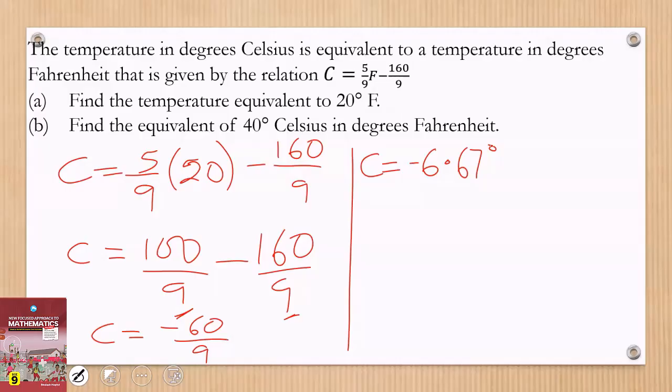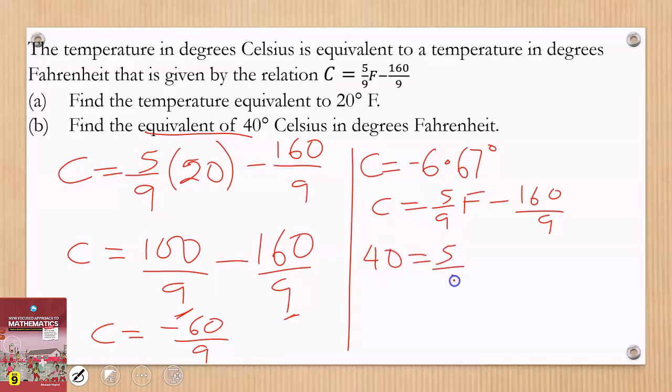Now, the question again wants us to find the equivalent of 40 degrees Celsius in degrees Fahrenheit. Knowing our relation to be 5/9 F minus 160/9, this time around the degree Celsius has been given as 40, and we have to make Fahrenheit the subject.